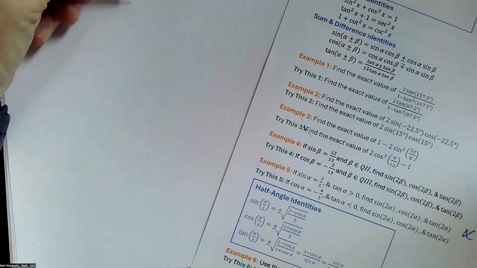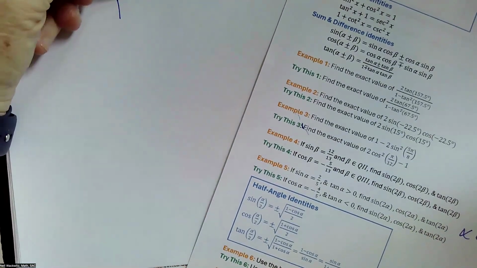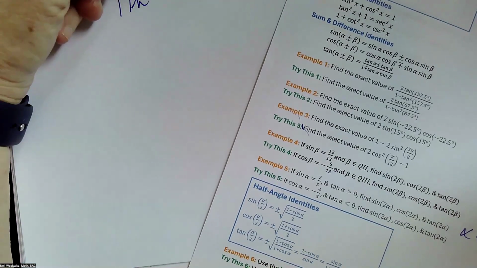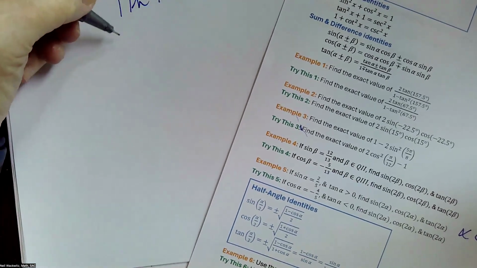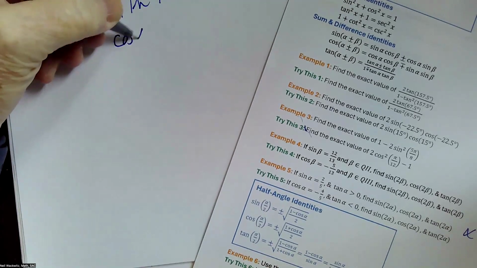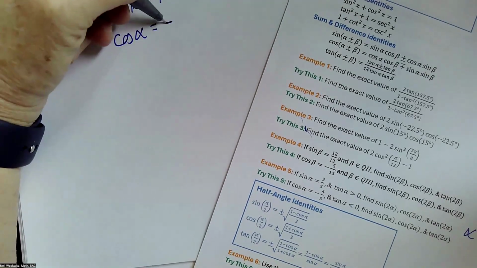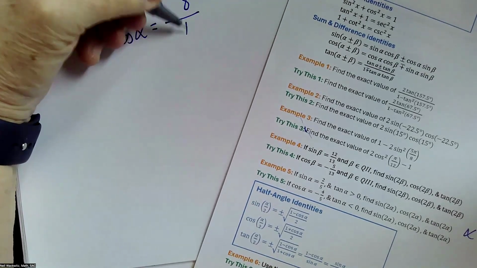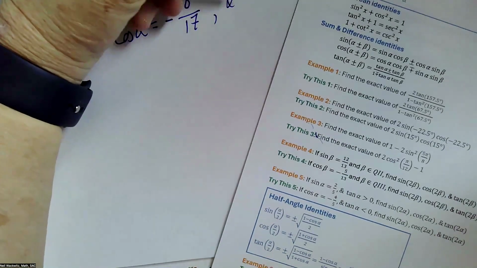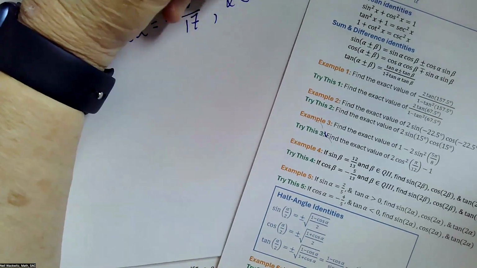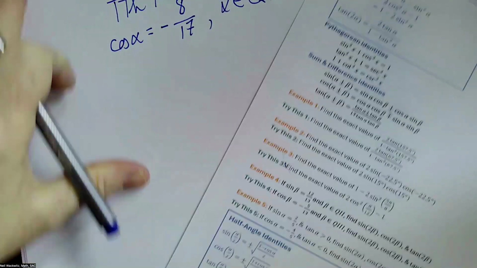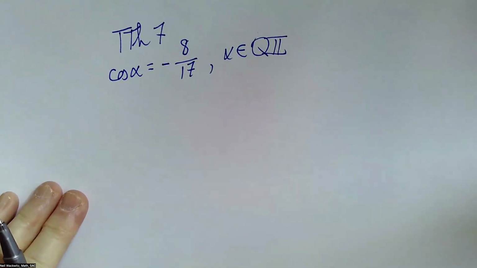So let's see. We're given that the cosine of alpha is -8/17, and alpha lives in quadrant 2. So that's where we're going to draw our triangle.